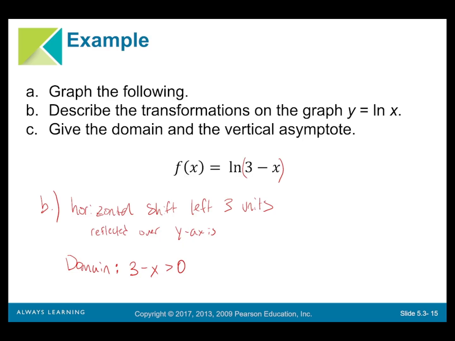Therefore, we know what we're plugging in, 3 minus x, must be positive. So we can solve this by adding x to the left-hand side, and we get 3 is greater than x, or how I like to look at it, x less than 3, which of course is negative infinity to 3 with parentheses. And that is our true domain with the vertical asymptote at x equals 3.